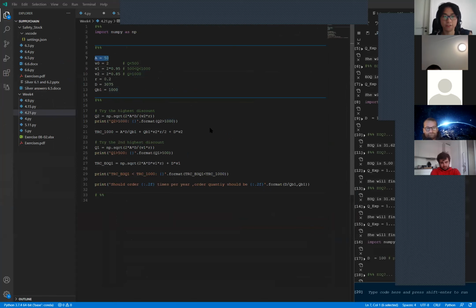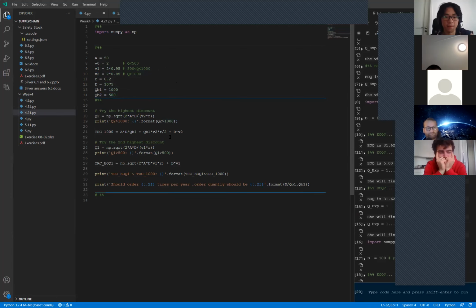This is the order cost, which is 50. Base price is 2, and the first discount is 5%, so we multiply it by 0.95. And the second discount is 15%, so we multiply it by 0.85. And inventory holding cost is 0.2, and demand per year is this. This is the threshold for the discounts. The first discount is 1,000, and the second discount is 500.